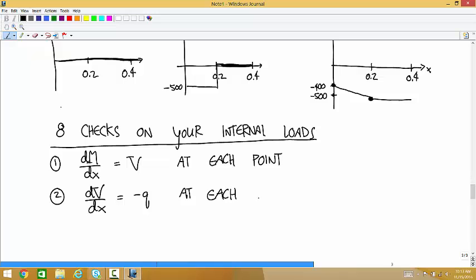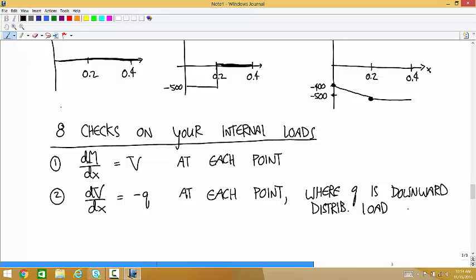I haven't talked about what q is. We'll do that next. q is the downward facing distributed load function. For us, we didn't have any distributed loads in this problem, so the distributed load function is 0 everywhere, which just says that dV/dx has to be equal to 0 everywhere, and that's why our V's are constants.